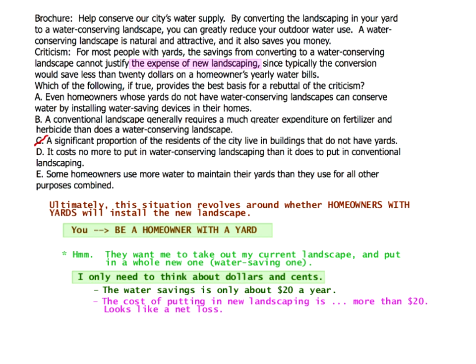So a rebuttal of the criticism means it has to not be a net loss. In other words, I actually have to gain after all from doing this. So what do I need for this to not be a net loss? I have to find something that is a what? I need to find something else to put me back into positive money, right?